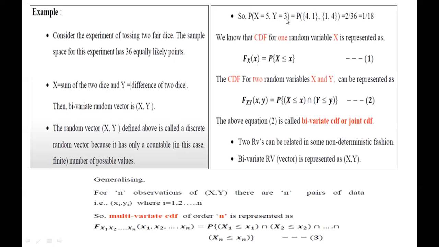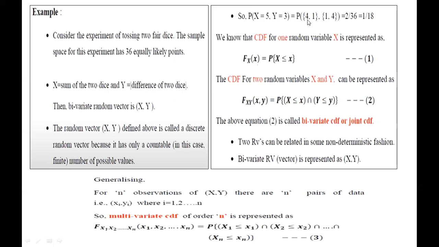Y is equal to 3, indicating what? The difference of two outcomes of the dice. If the difference is 3, we have considered the modulus; the magnitude should be taken. So therefore, we'll only get two possible outcomes with the condition for X and Y random variables.